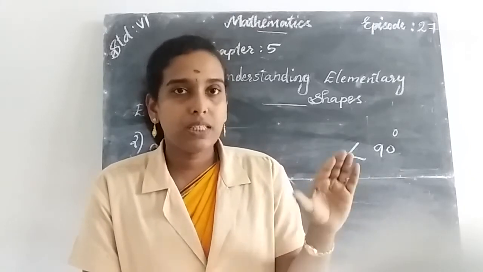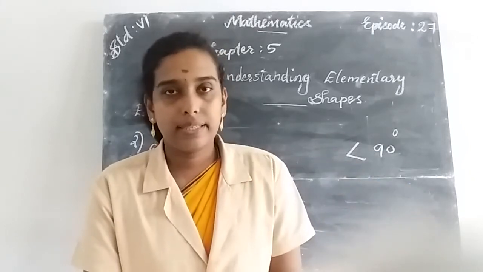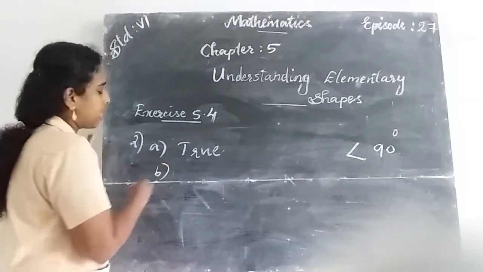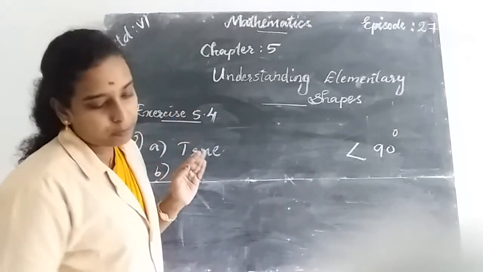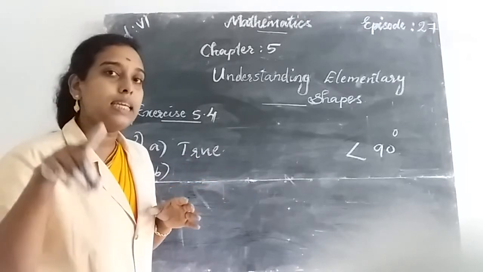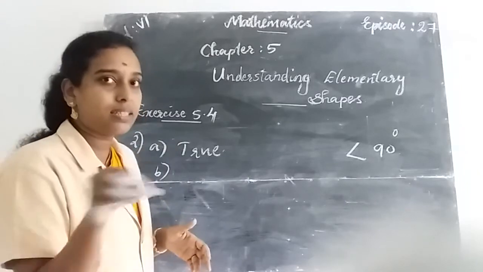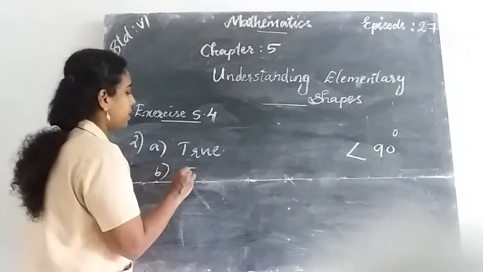These all lie between 90 and 180 degrees. So such types of angles are said to be obtuse angles. So the statement, an obtuse angle is less than 90 degrees, is false. An obtuse angle is always greater than 90 degrees. So the statement is false.